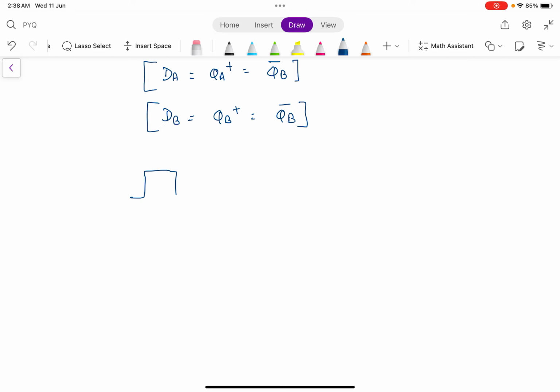It is very much preferred to draw these signals again and again for your better practice. These are all positive edge triggered.